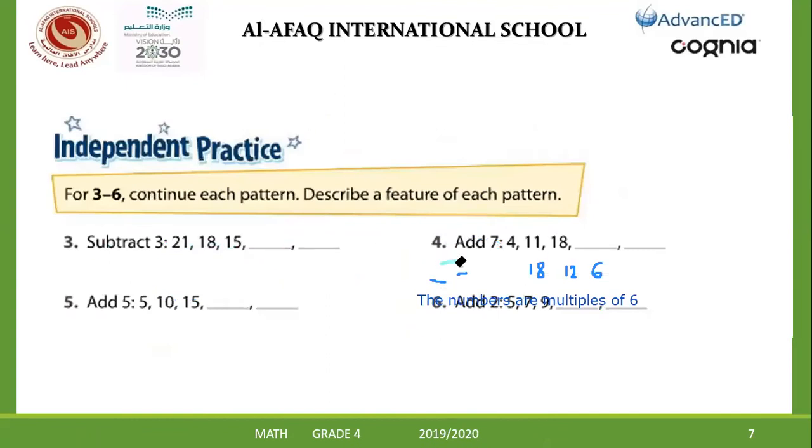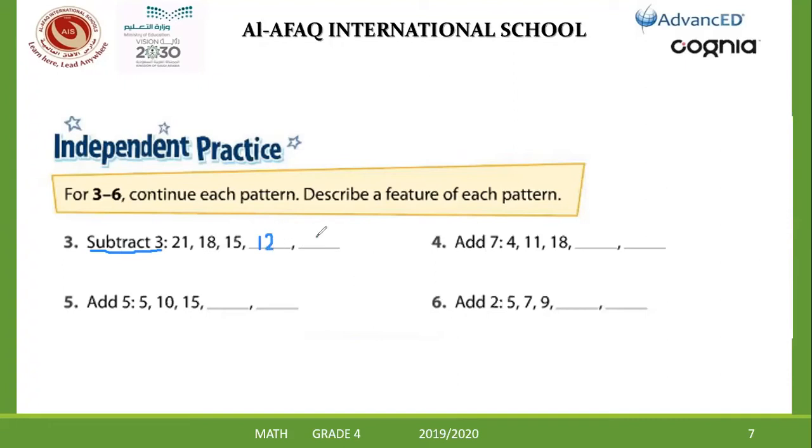Next, continue each pattern, describe a feature of each pattern. The pattern rule here is subtract 3. If I want to subtract 3, I start by 21. Take away 3 will be 18. Take away 3 will be 15. Take away 3 will be 12.